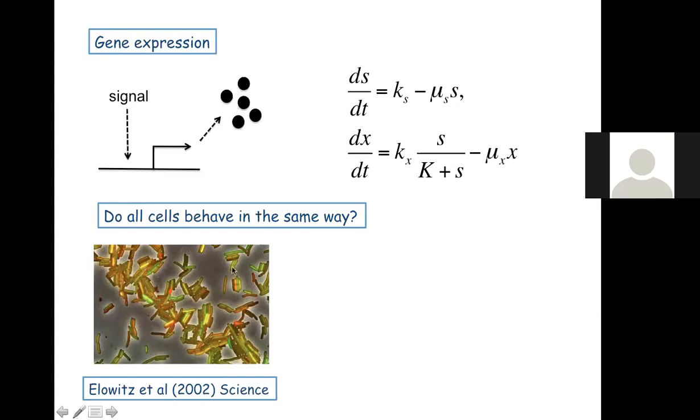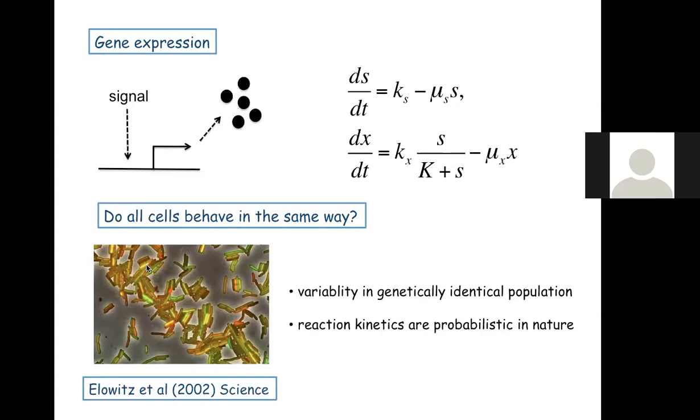This is a population of bacterial cells where this GFP has been expressed, and you can see some of the cells are glowing nicely, but some are not. Some are showing mid intensity. So we see a variability in a genetically identical population.